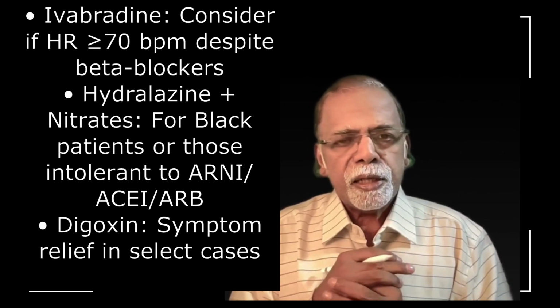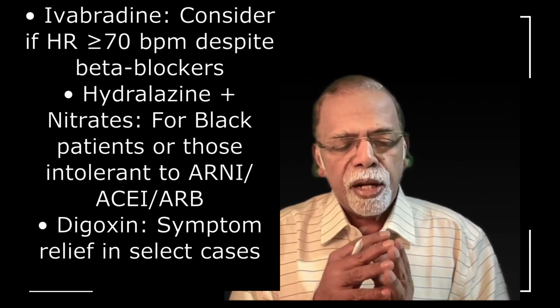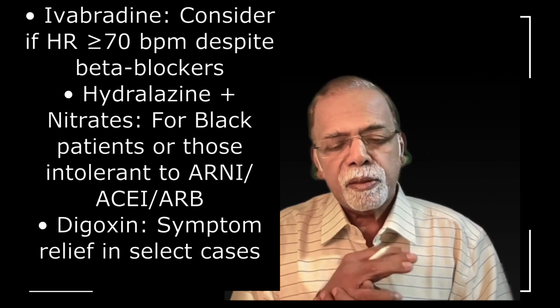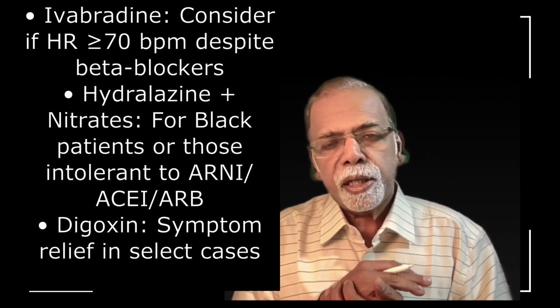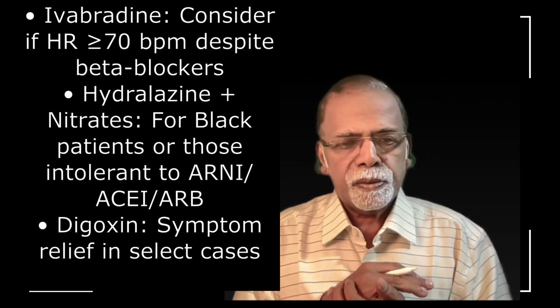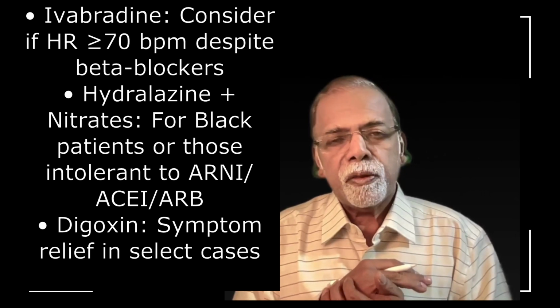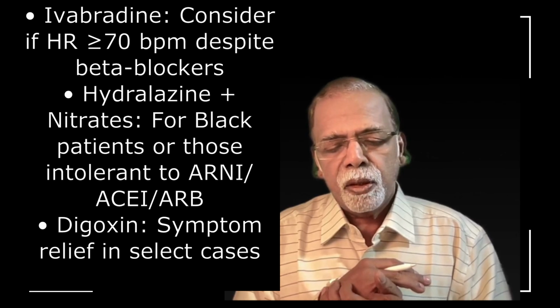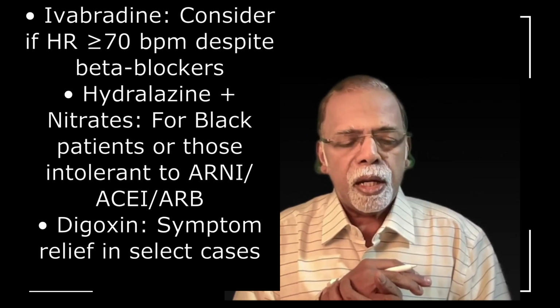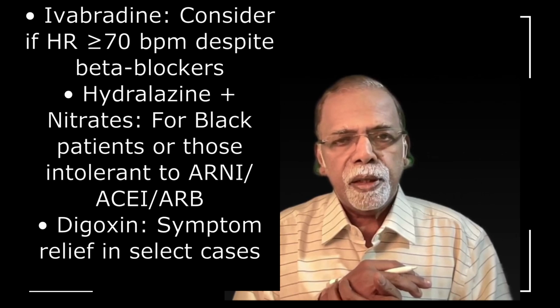So the additional considerations are ivabradine if the heart rate is more than 70 despite adequate beta blockade. Hydralazine plus nitrate can be given for Black patients or those intolerant to ARNI, ACE inhibitor or ARB.